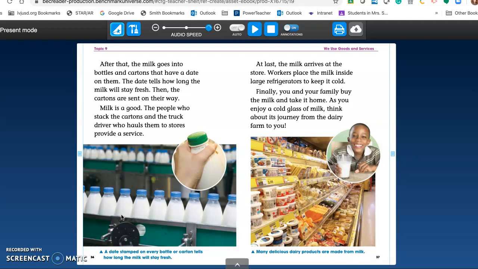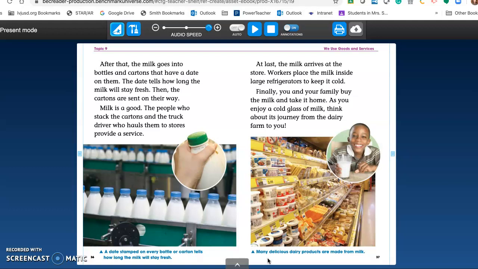At last, the milk arrives at the store. Workers place the milk inside large refrigerators to keep it cold. Finally, you and your family buy the milk and take it home. As you enjoy a cold glass of milk, think about its journey from the dairy farm to you. Many delicious dairy products are made from milk.